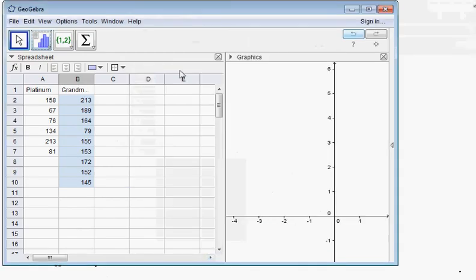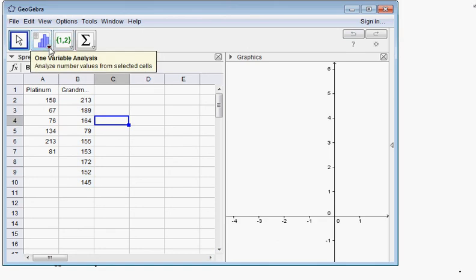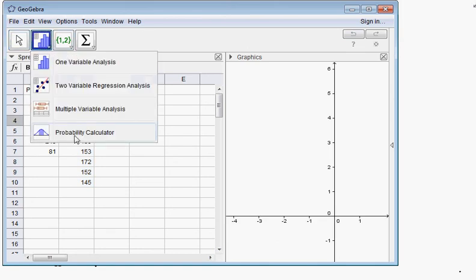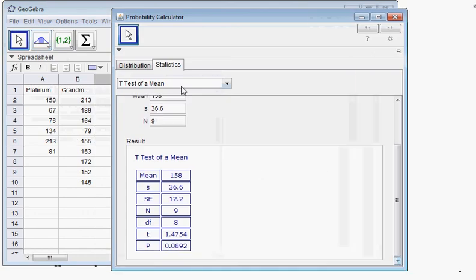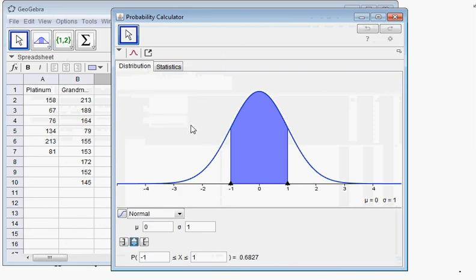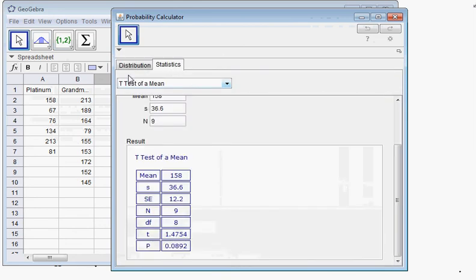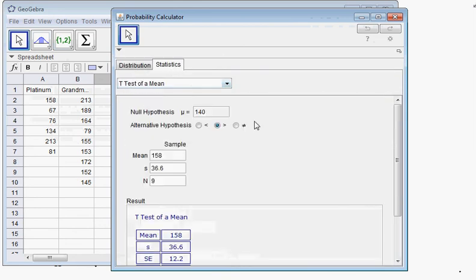So here's what you do. You get all that information, you write it down, and then you click on this little triangle and go to probability calculator. Now, I already have it selected, but you might start here. You have to click on the statistics tab. We're going to do a t-test of the mean. So here's the expected.